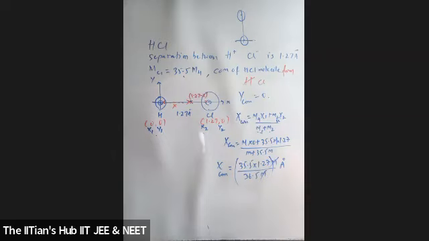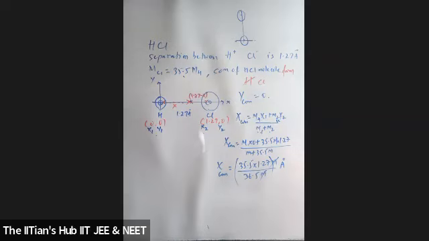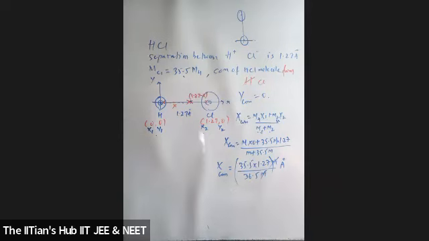So I just checked in the calculator. In the end, you'll get 1.2. How can it be 1 point something? 35.5 into 1.27 is around 40 something, that is your answer. This is 35.5 and this is 36.